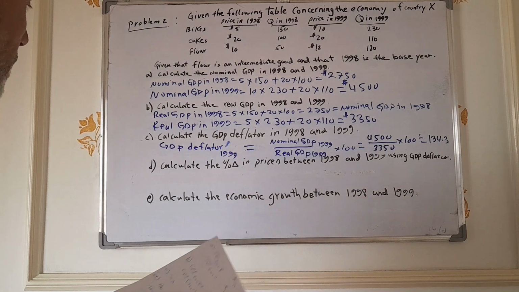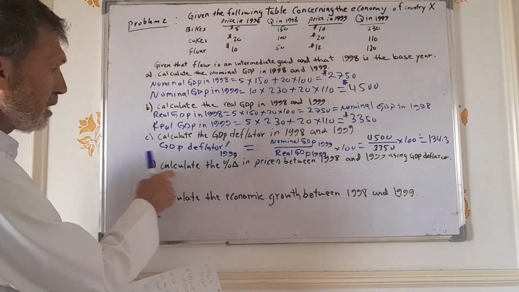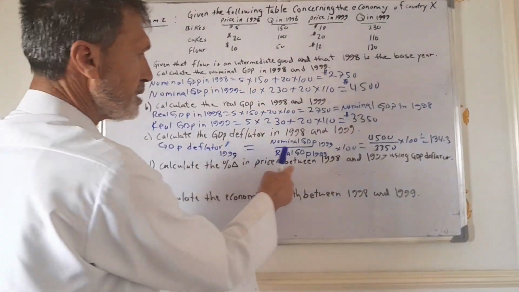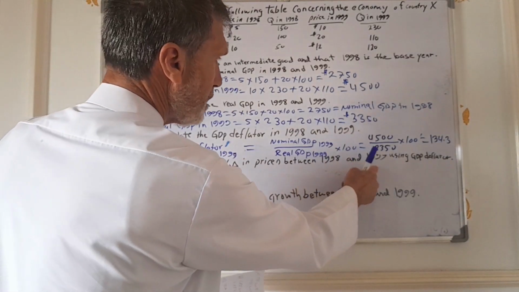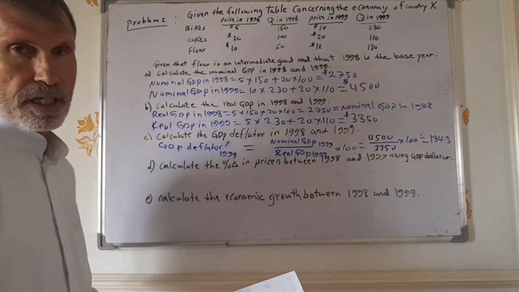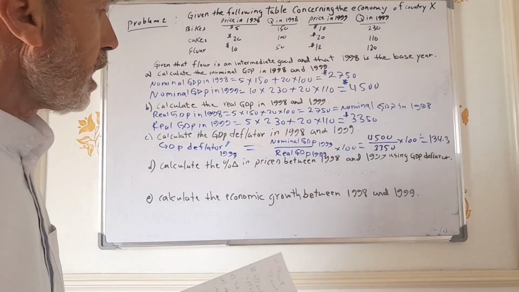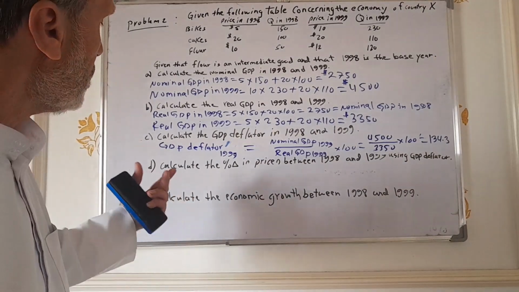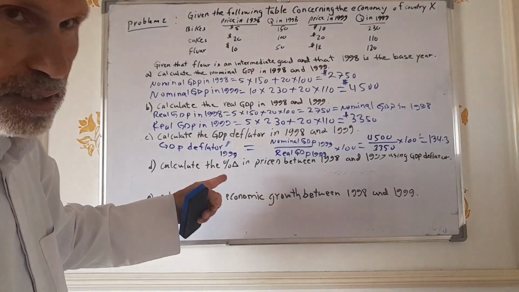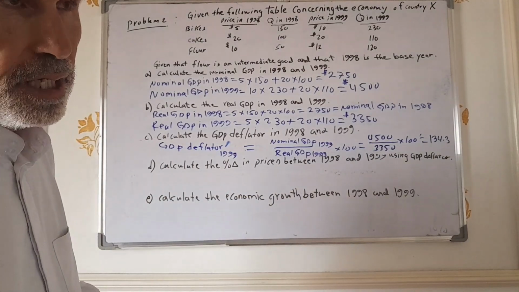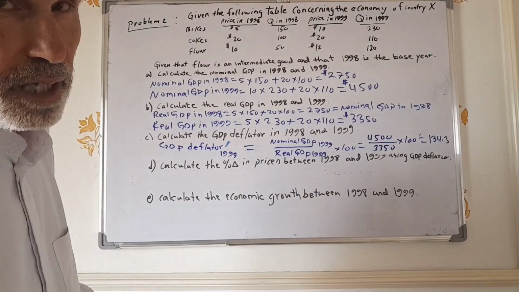Now the third part, D: calculate the percent change in prices between 1998 and 1999 using the GDP deflator, or using CPI, same thing. Since we have the GDP deflator in 1998 and 1999, we can find the percent change in the GDP deflator between 1999 and 1998.